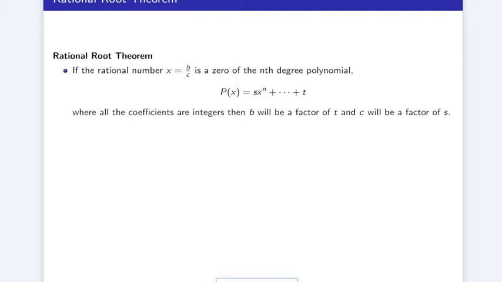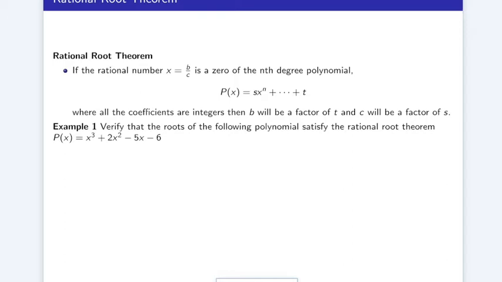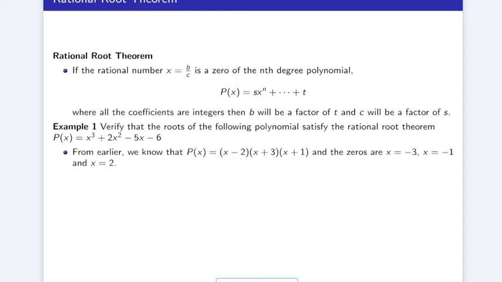Okay, so let's verify this theorem with this example here. From earlier, we know that the actual roots of this polynomial are -3, -1, and 2. How did we do that? Because we know that p of x can be factored into x minus 2, x plus 3, and x plus 1.